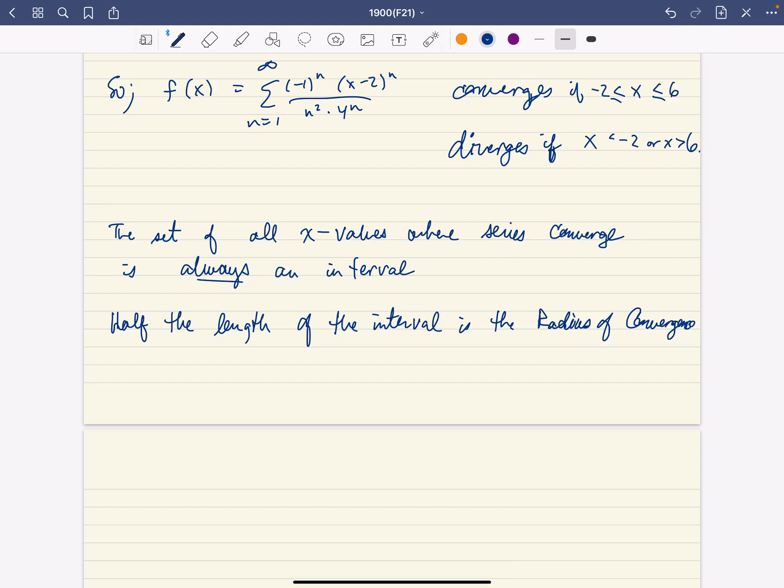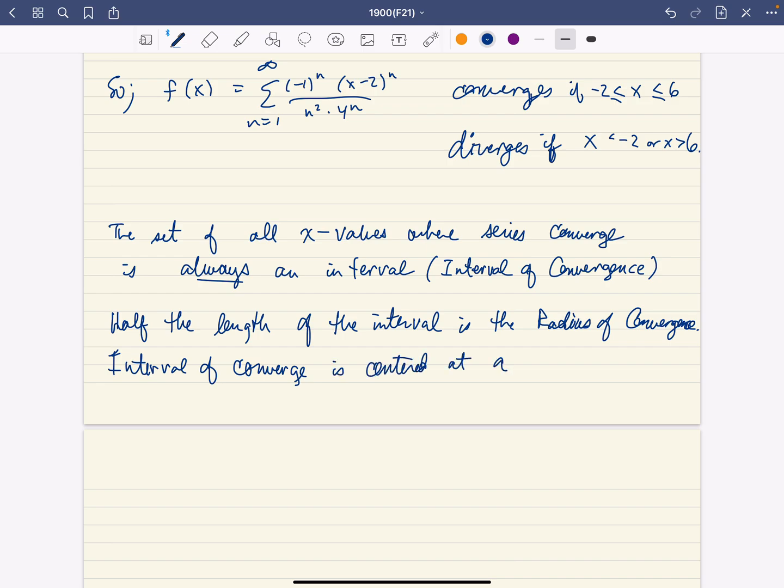And notice that the interval is centered. I forgot to say, and I should go back and add this here. The interval where all the x values converge is called the interval of convergence. Okay, the interval of convergence is centered at a.